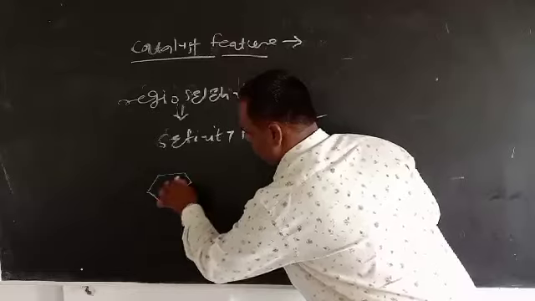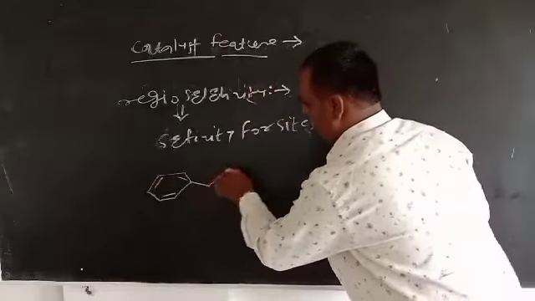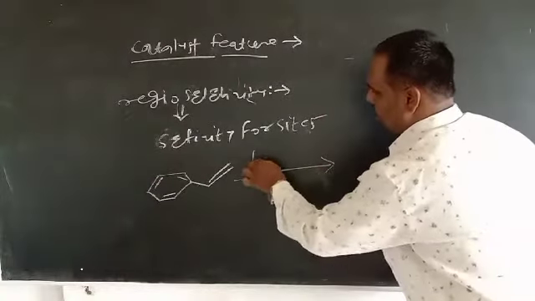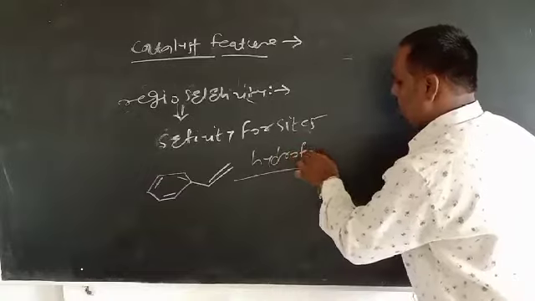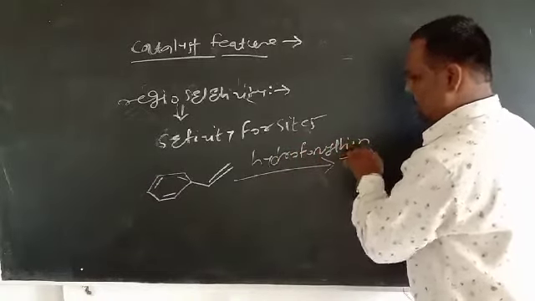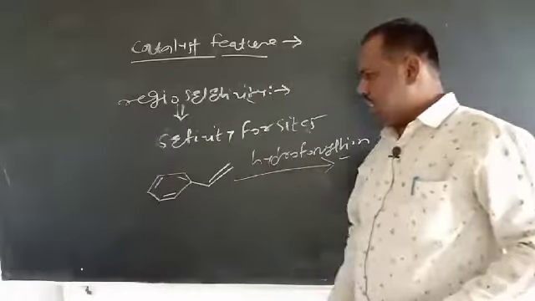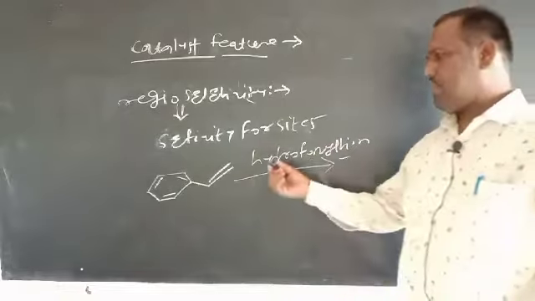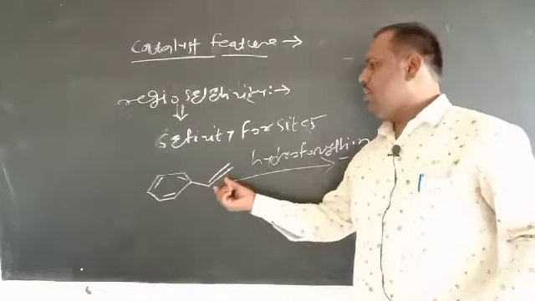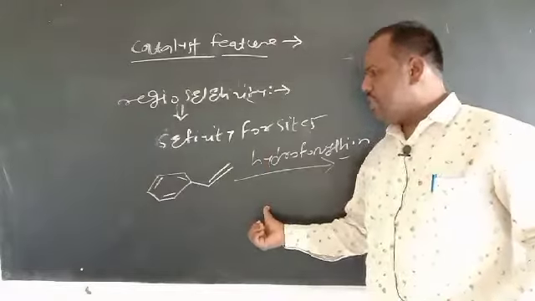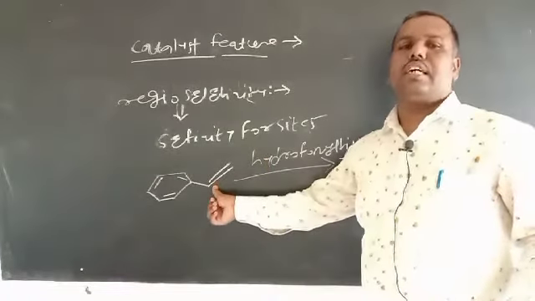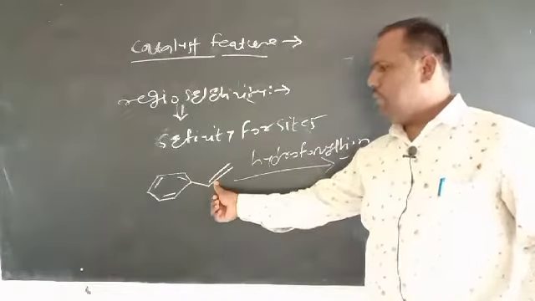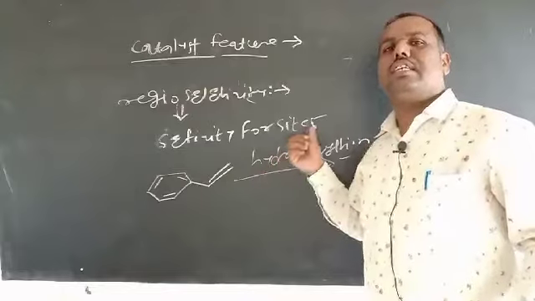So let us see an example. Here a double bond is attached and it undergoes hydroformylation reaction. We know that in hydroformylation reaction there is a conversion of alkene into aldehyde with an increase of one carbon atom.